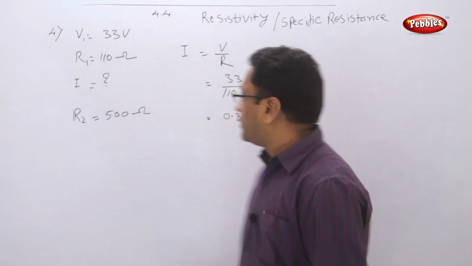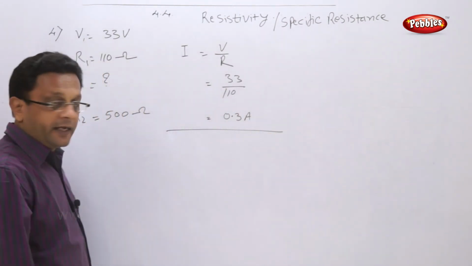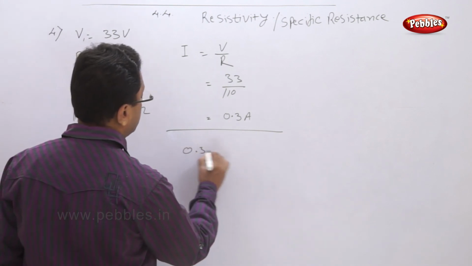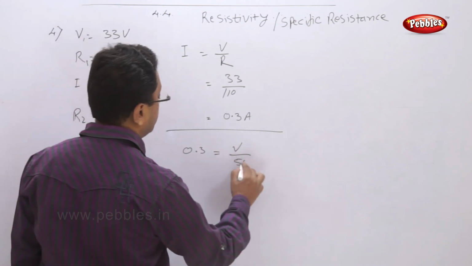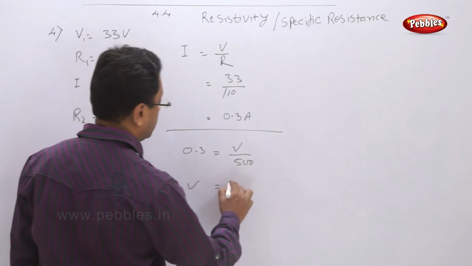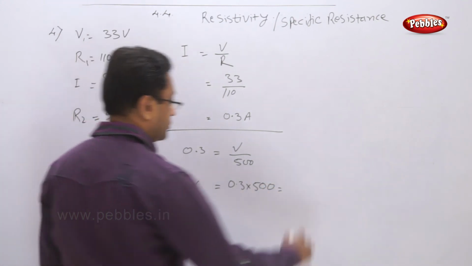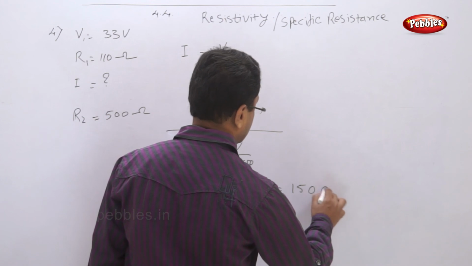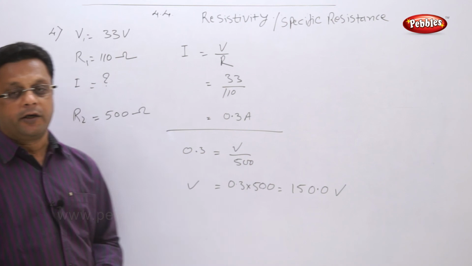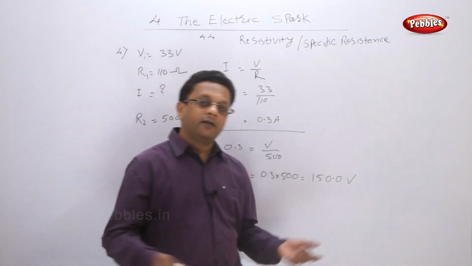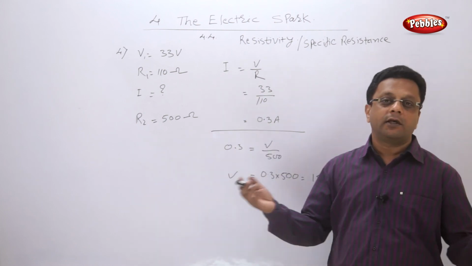Now for the second case, we have 0.3 as current, the voltage we have to find out, and the resistance is 500. So V will be equal to 0.3 into 500. The voltage will be 150 volts. Again, this is a very simple example. You just have to calculate two times, nothing else.